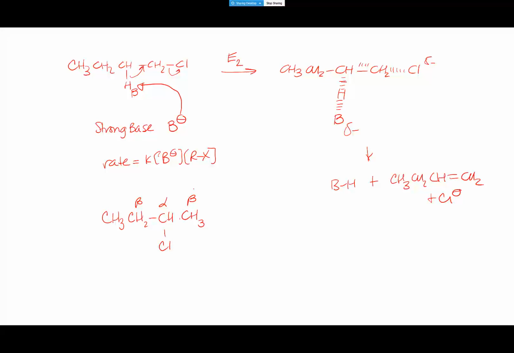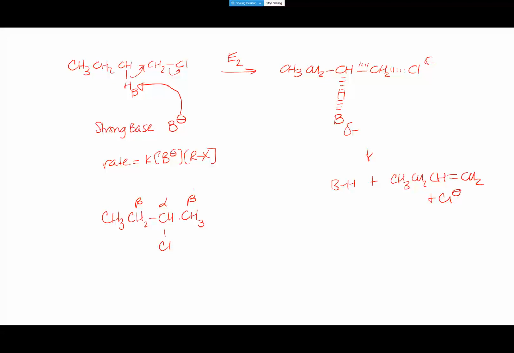So if I have a strong base that's a strong nucleophile, what's stopping my strong base/nucleophile from attacking the primary carbon and kicking out the chlorine? Nothing. So I've got to design a base that's a strong base, but it's not nucleophilic. That it won't attack as a nucleophile.